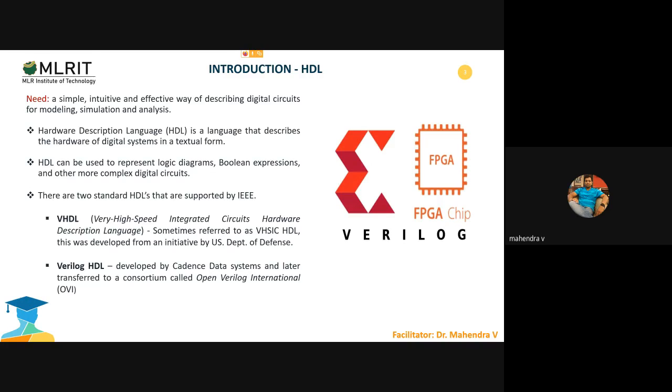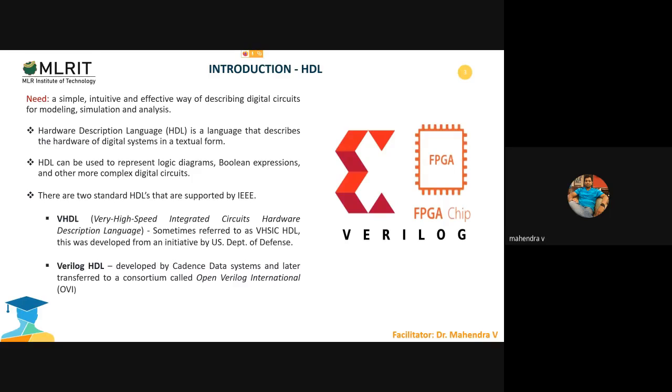Now, as I said, there are two HDL standards developed, that is VHDL and Verilog. VHDL is the very high-speed integrated circuit hardware description language, called VHSIC HDL, where V indicates very high-speed.